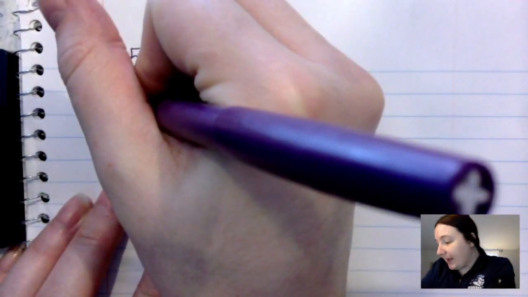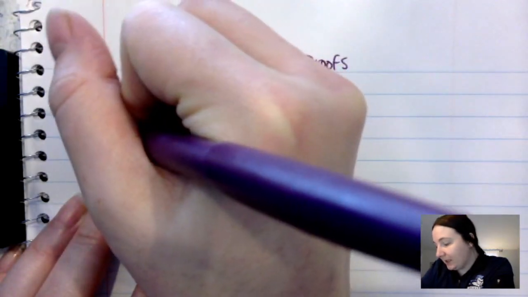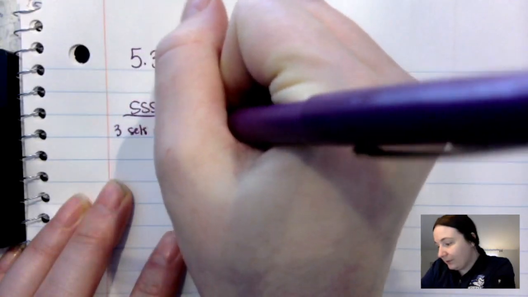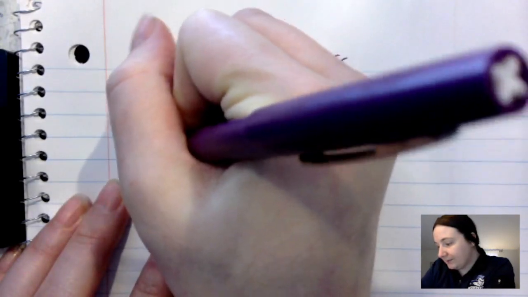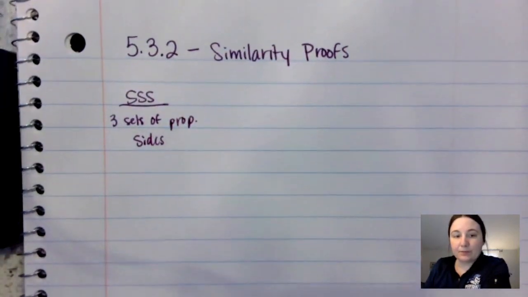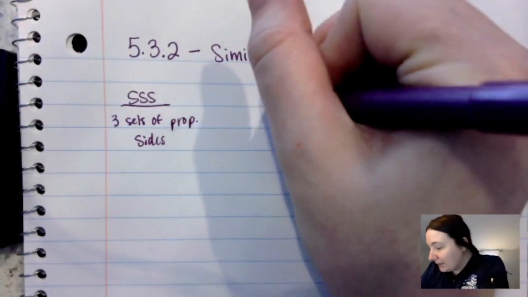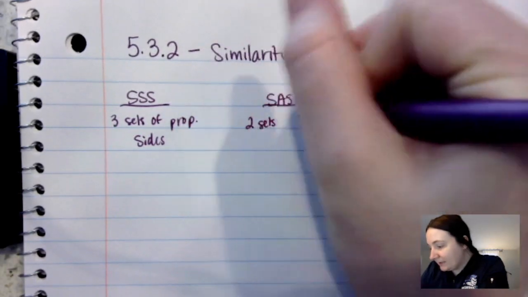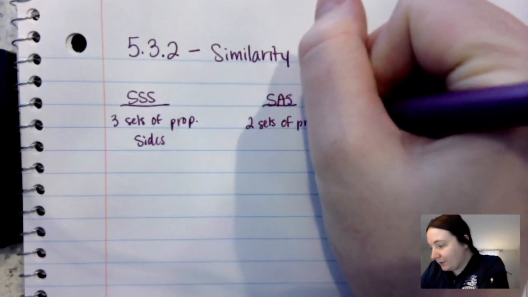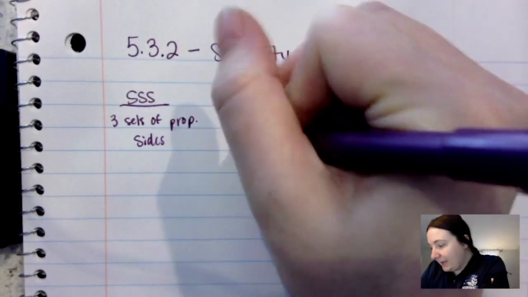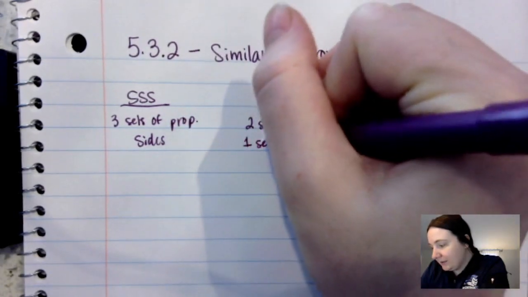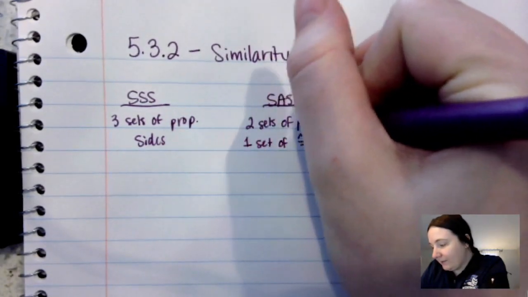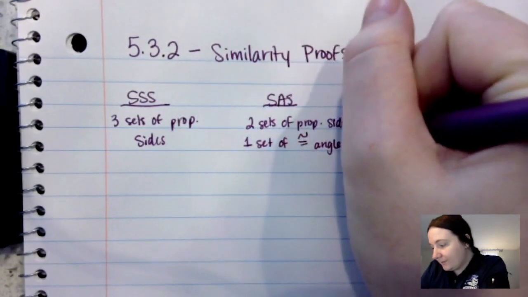So remember, we have SSS, where we need 3 sets of proportional sides. We have SAS, which is where we need 2 sets of proportional sides and 1 set of congruent angles.